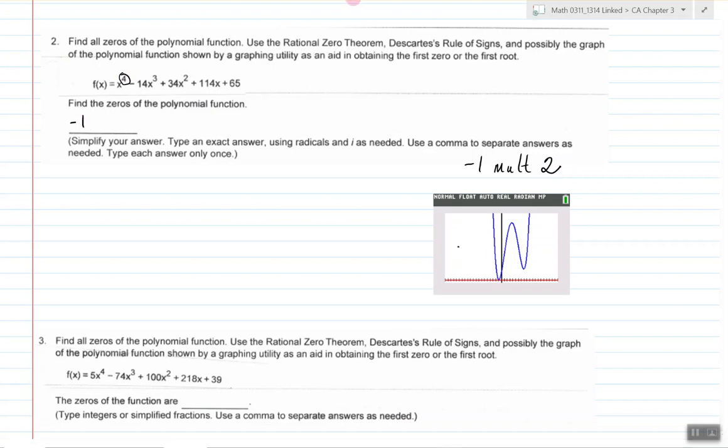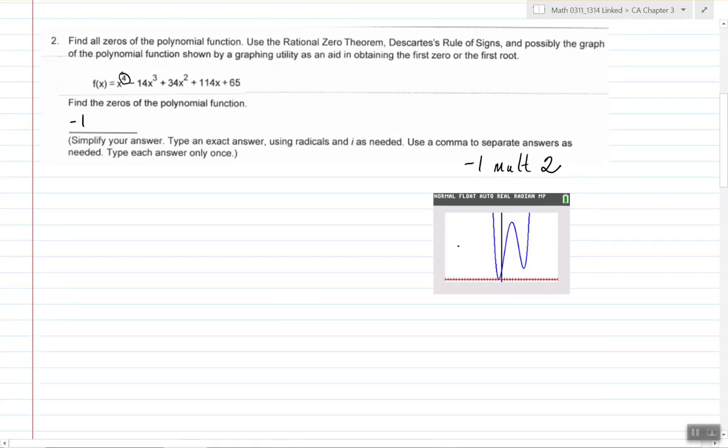So I'm going to give myself a little more room and show you what we will do now with synthetic division. I know that x equals -1 is a double zero, multiplicity 2. I'm going to use -1 and synthetic division on 1, that's the x to the 4th, -14, 34, 114, 65. When I divide this synthetically, I had better get a remainder of 0 because it is a root.